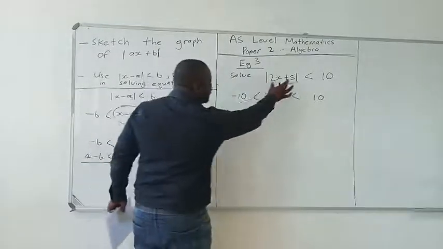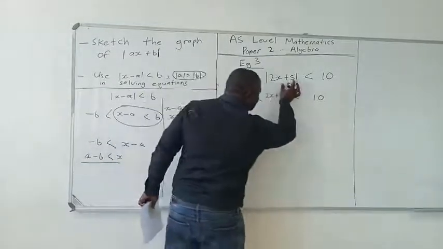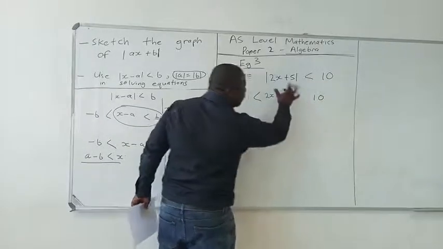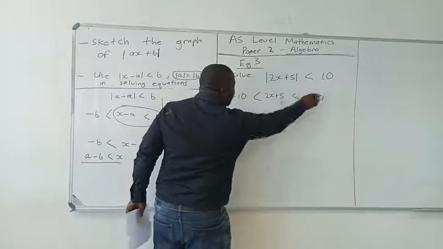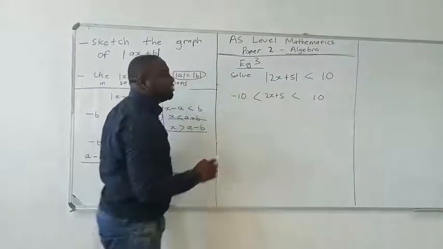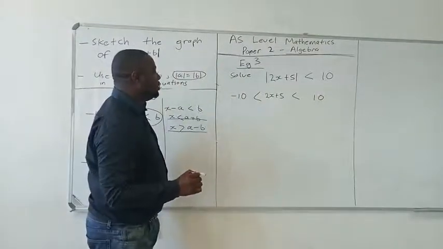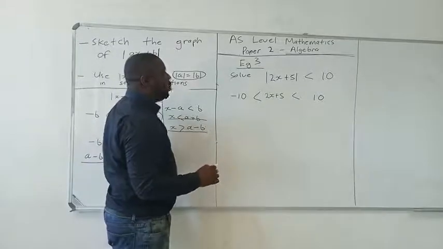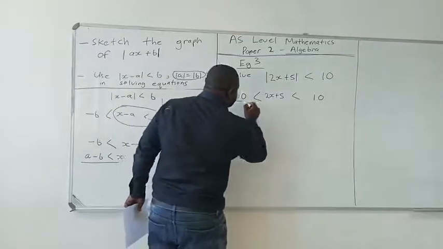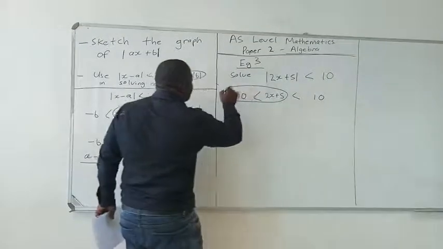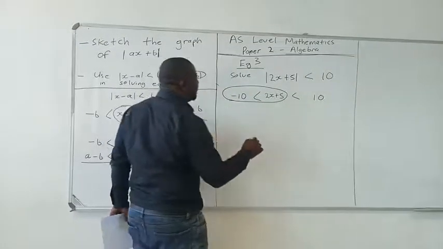So this is the first step where we split this modulus into two inequalities involving the positive side of 10 and the negative side of 10. Once we do that, we split this into two separate inequalities.